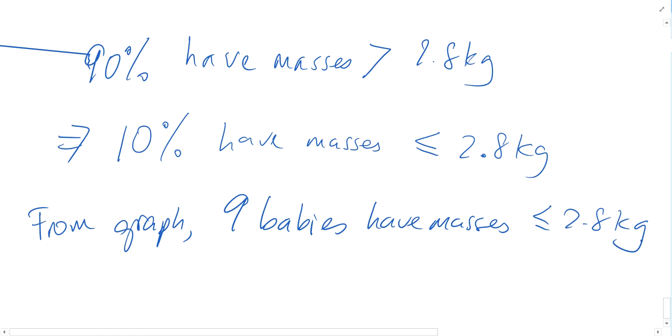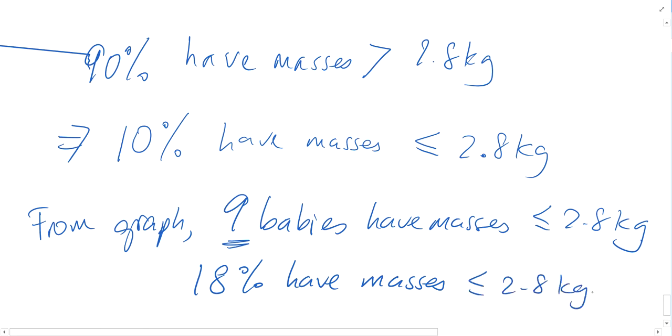Okay? So 9 babies refers to how many percent? Since there are 50 babies, 9 babies must refer to how many? 18? Yes, you're right. So 18% have masses less than or equal to 2.8 kg.